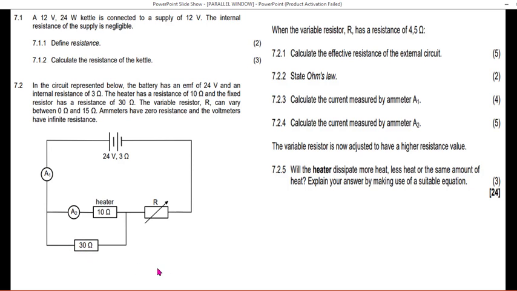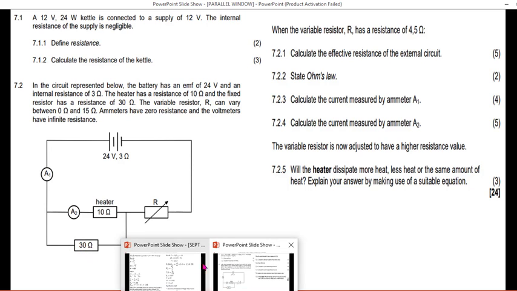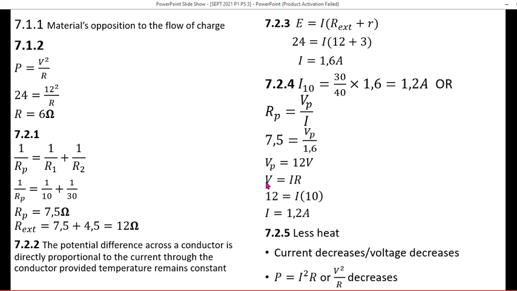So we can say that the current through the 10 ohm is the higher proportion, because that is the lower resistance, 30 over the total 40 parts, times 1.6, and that gives us 1.2 amperes.